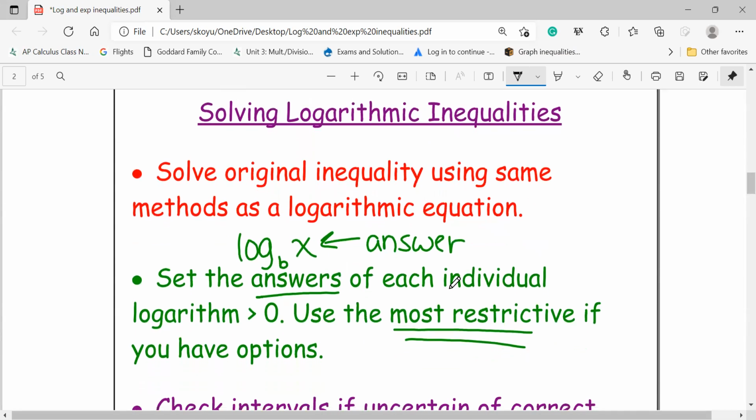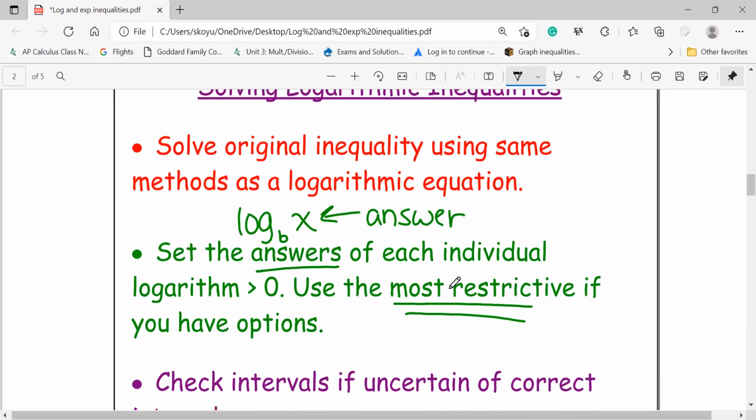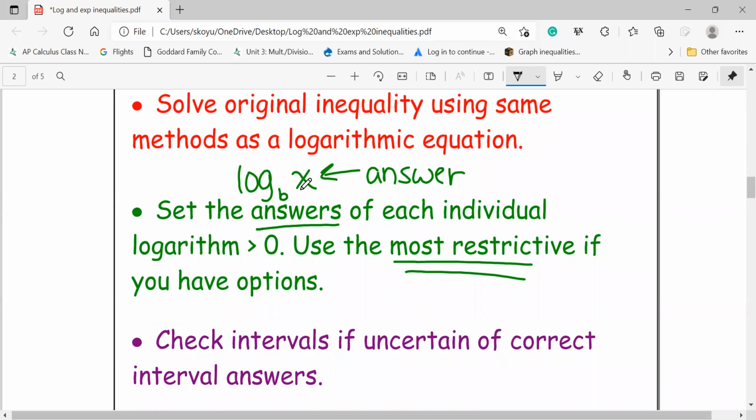Now, solving logarithmic inequalities. Well, the steps are kind of the same, I said, but let's go over it a little bit. Solve the original inequality using the same method as for logarithmic equations, and you can leave your answer in log form if you want, or if needed, convert that to a decimal.